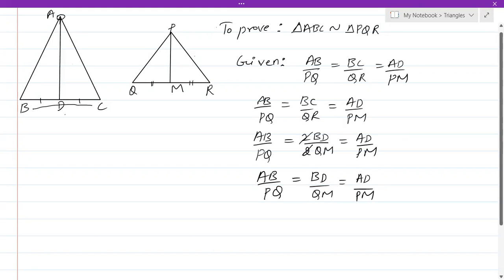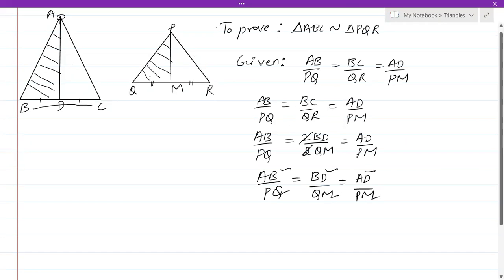Now observe the numerators AB, BD, AD. These are nothing but the 3 sides of the triangle ABD. I'll shade it. Similarly, observe the denominators PQ, QM and PM. These are the 3 sides of the triangle PQM.